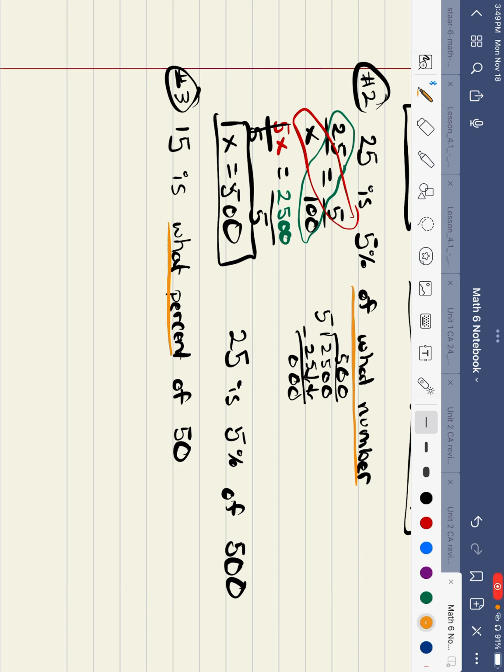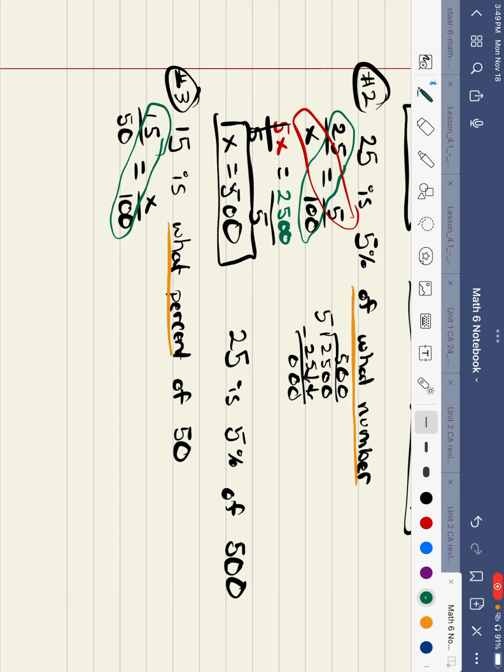Again, what percent? We don't know our percent. So when we set this up, we know 15 is with is, and 50 is with of, and we don't know our percent. So our percent spot is blank or a variable. Same method.